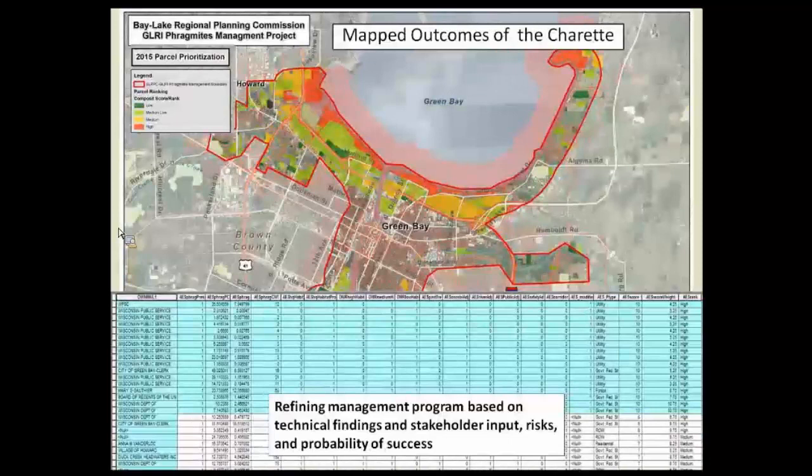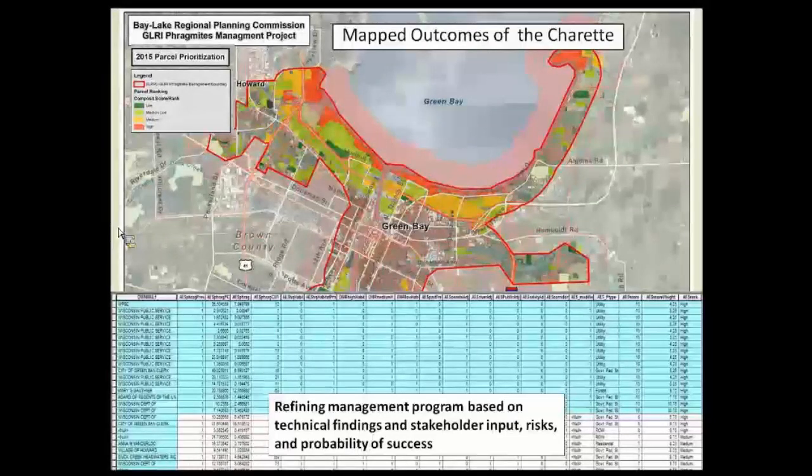So the outcome of a charrette in Green Bay here, for example, is a ranking or a prioritization. In this case, fairly simple: high, medium, and low, based on the risk that Phragmites represented and the landowner or stakeholder interest and participation, and lack of resistance to treatment.